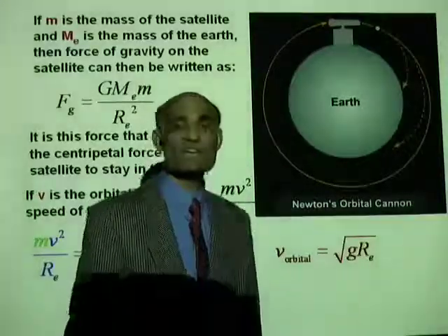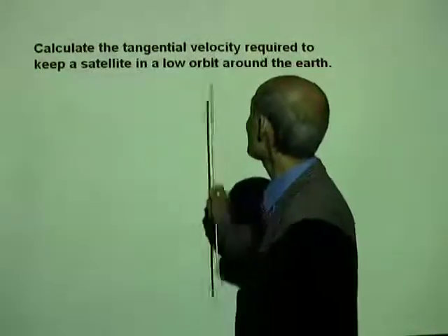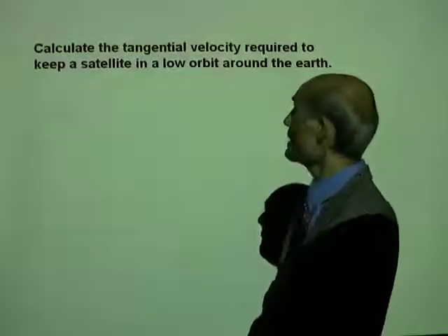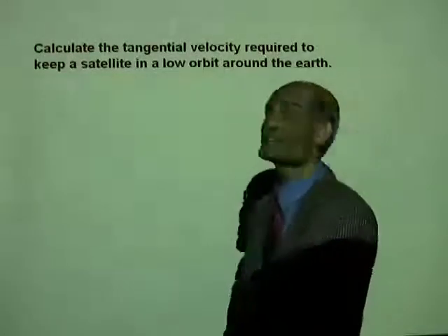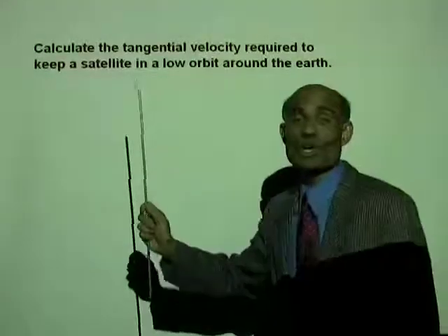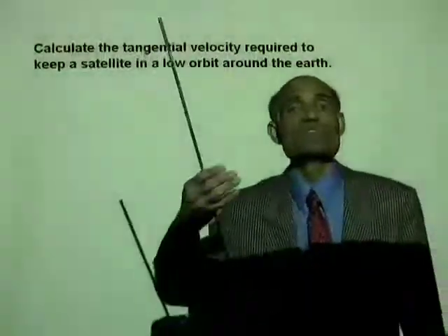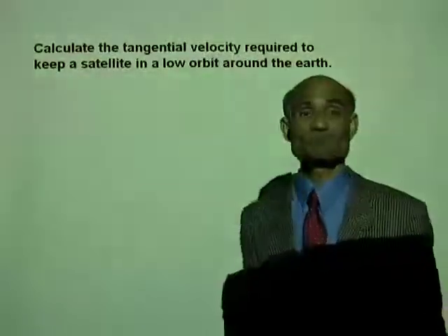Therefore, we can calculate the tangential velocity required to keep a satellite in a low orbit around the Earth. Low orbit means you can use the radius of the Earth as the distance.